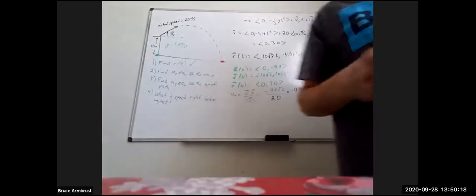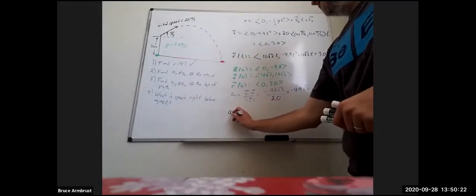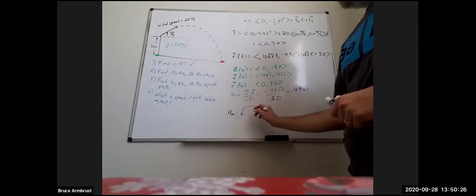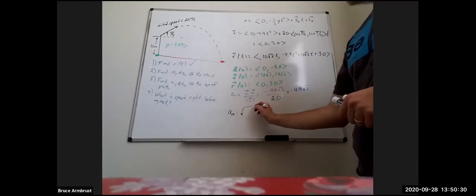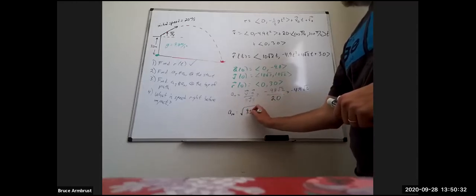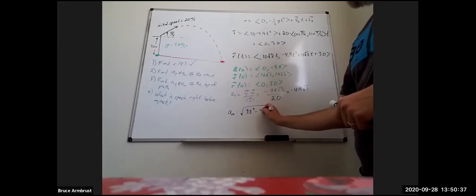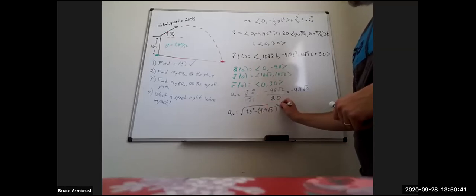So then a sub n. All right, well, a sub n, that's going to be the square root of a's magnitude squared. Well, a's magnitude was 9.8, so we'll have 9.8 squared minus 4.9 root 2 squared.